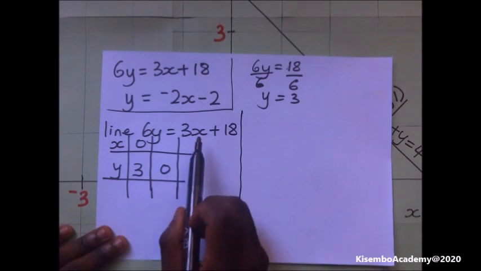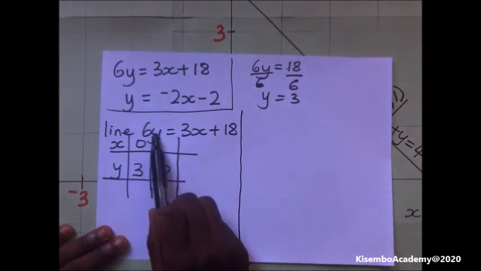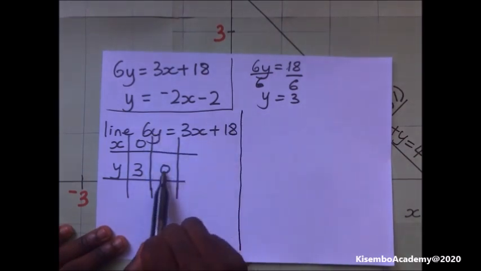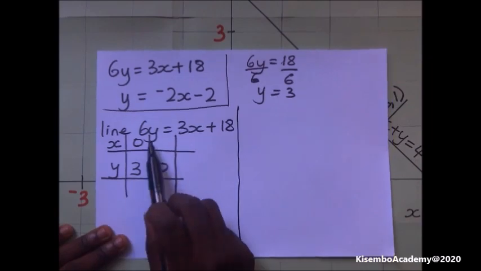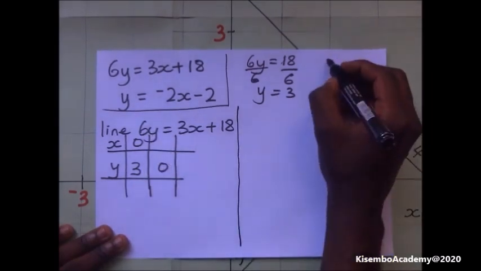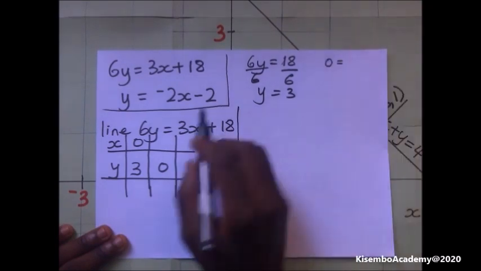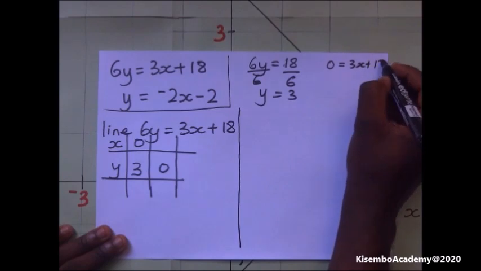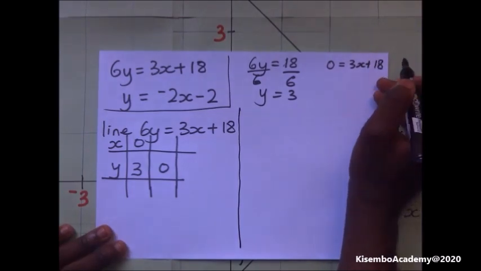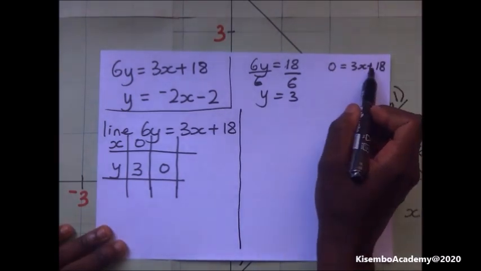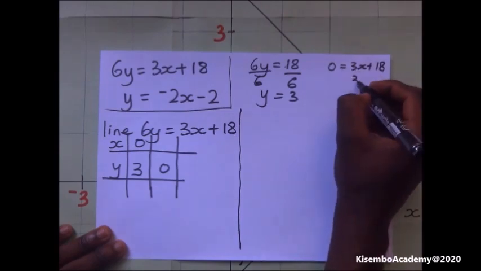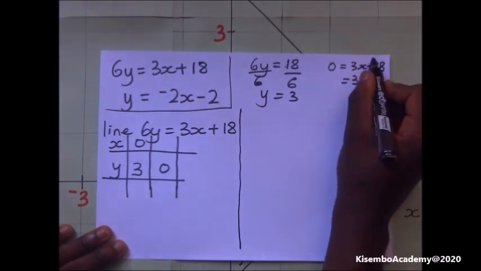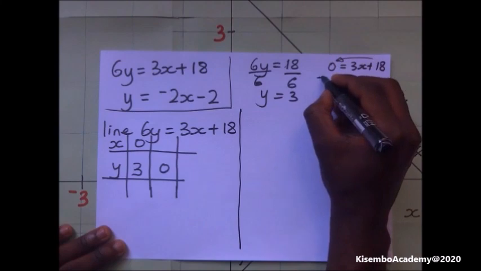Likewise, if y is 0, what is x? When y is 0, we substitute. 6 times 0 is 0, so we have 0 is equal to 3x plus 18. It means that 3x is equal to negative 18, when the 18 moves to the other side.